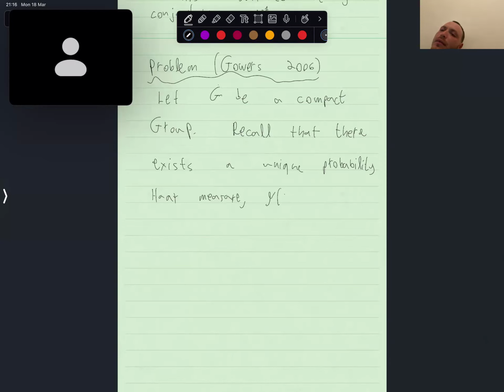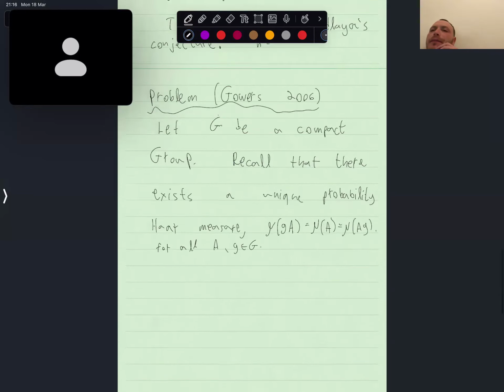So mu of gA is equal to mu of A and equal to mu of Ag for all measurable A and g in G. Okay.